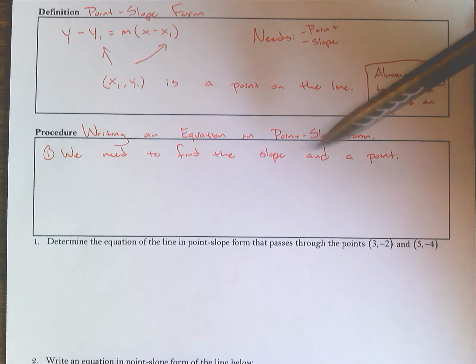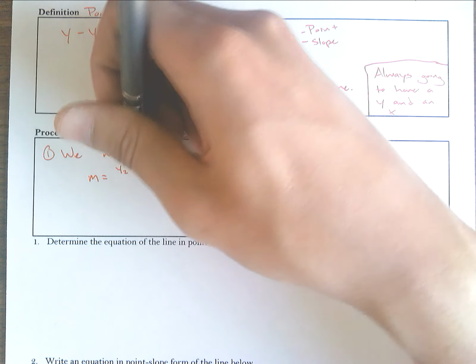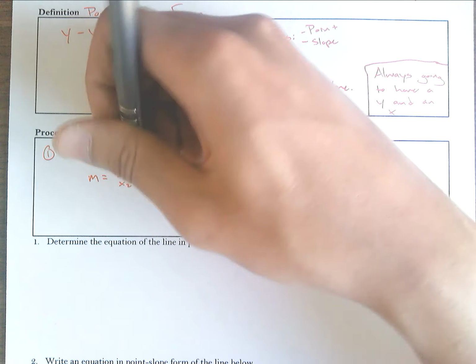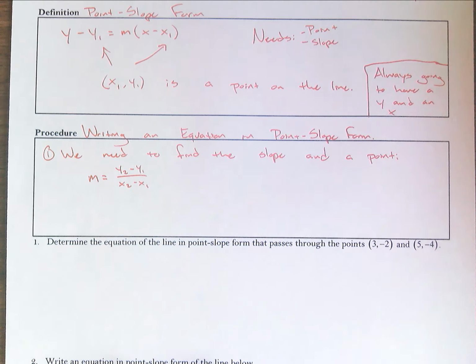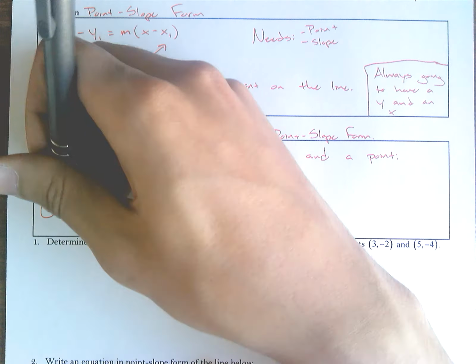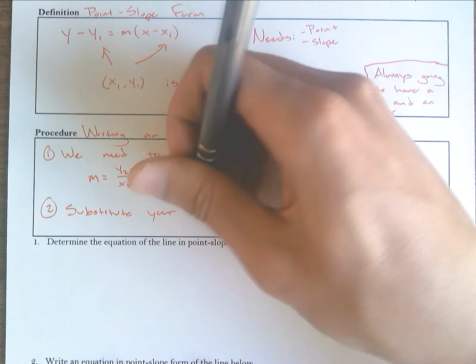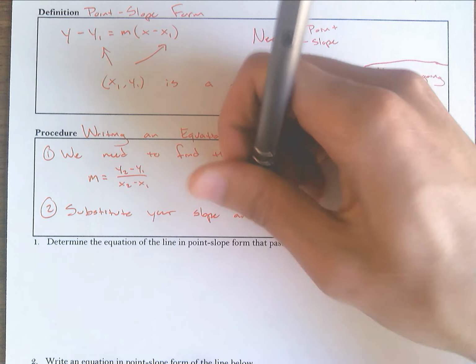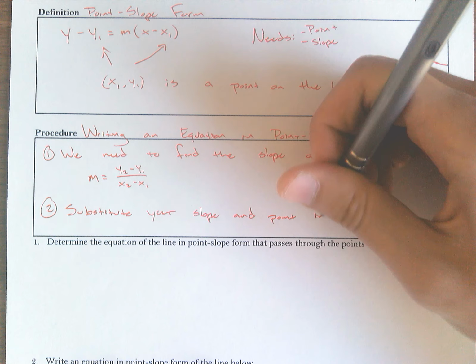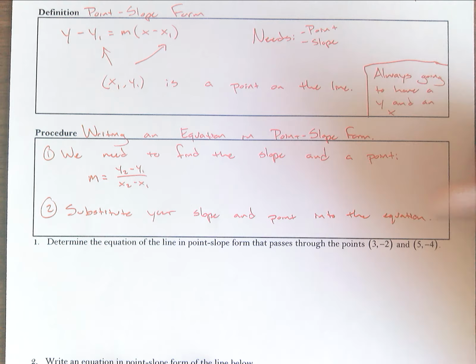To find the slope, we use the formula m equals y2 minus y1 over x2 minus x1, where x1, y1 is a point and x2, y2 is another point. Once we have the slope and the point, step 2 is pretty easy. We substitute the slope and point into point slope form.